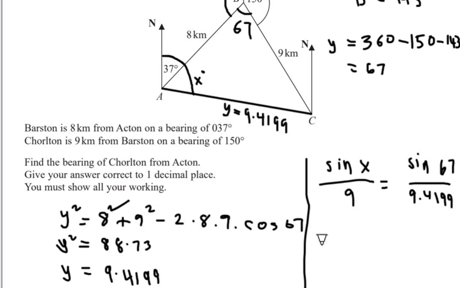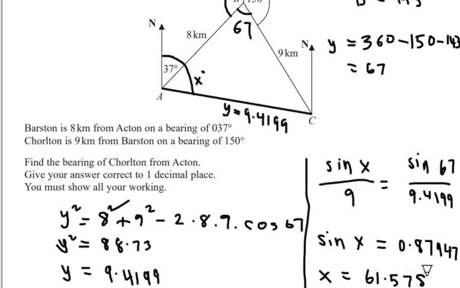And so sine x, if you cross multiply, you are going to get 0.87947, and then x will be sine inverse of that, and your x is going to be 61.578 degrees.